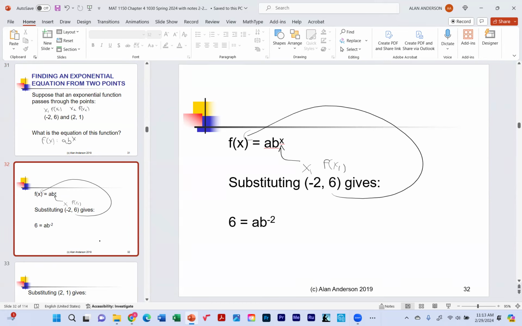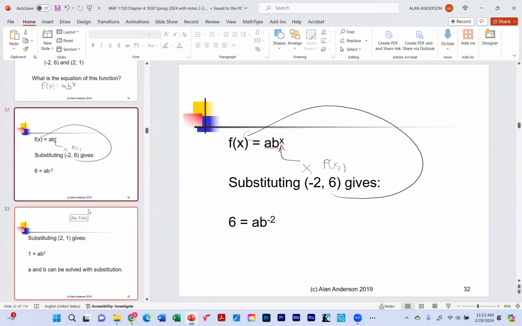Well, you see what the problem here is, that you've got 2 unknowns and only 1 equation. So that means we have to do the same thing with the second point, so that at the very least, we'll have 2 equations and 2 unknowns.